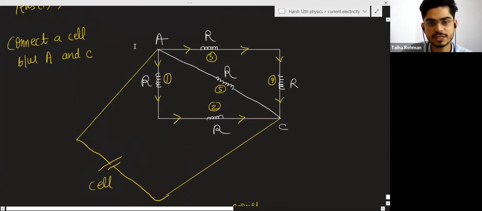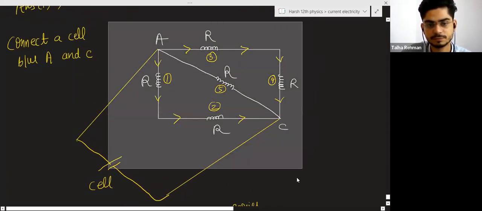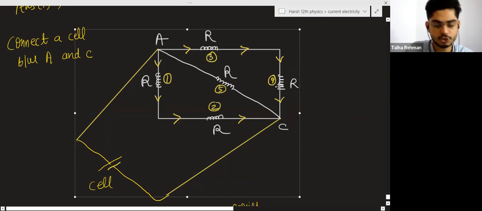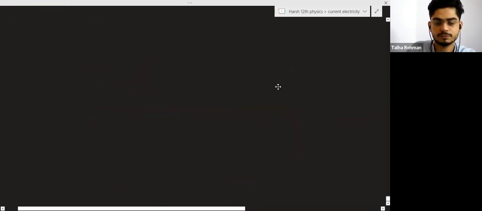So now we will change the circuit again. Instead of these two resistances, we will use one equivalent resistance of 2R.